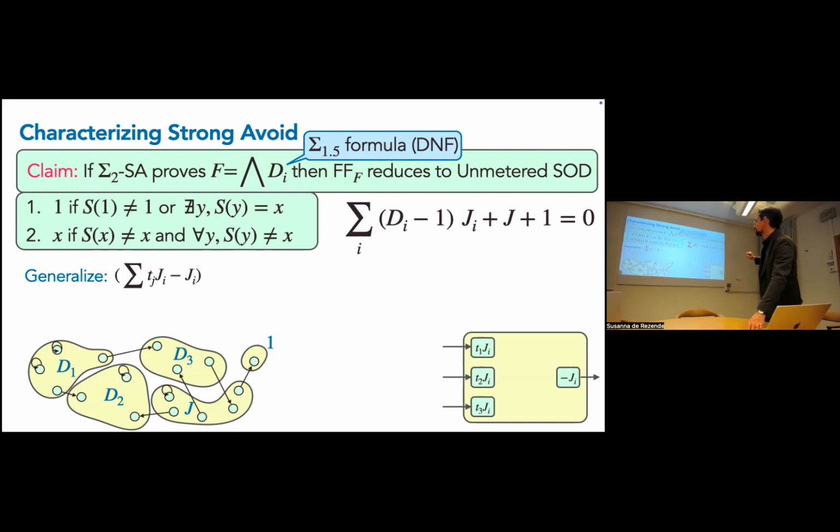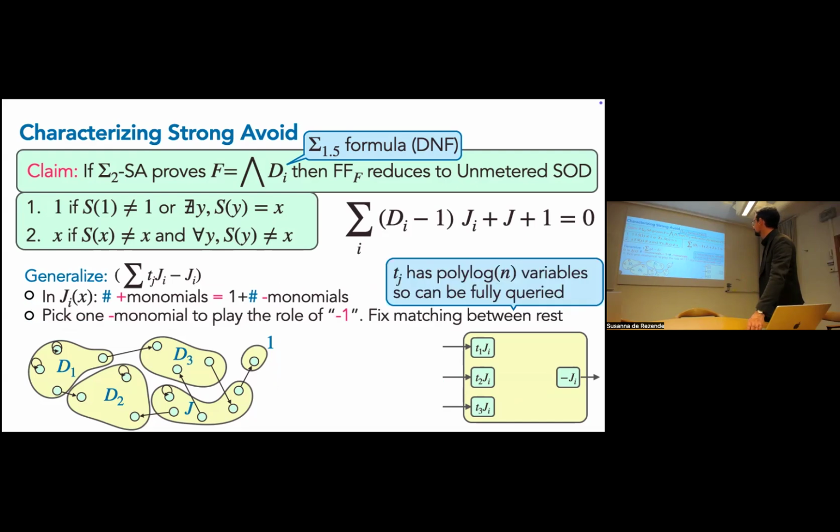And for the full generalization, again, with a junta, the number of positive monomials is at least the number of negative monomials. You pick 1 negative monomial to play the role of -1, and you fix a matching between the rest. And you can query.